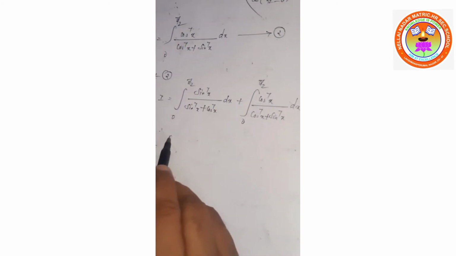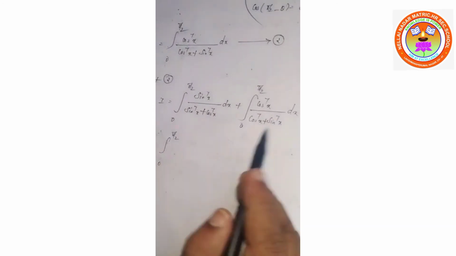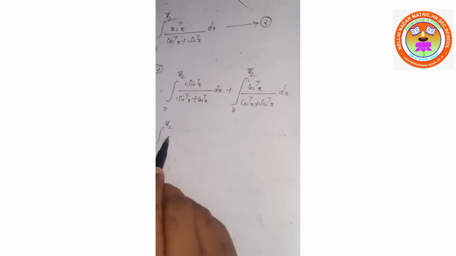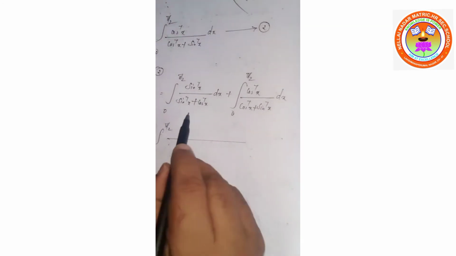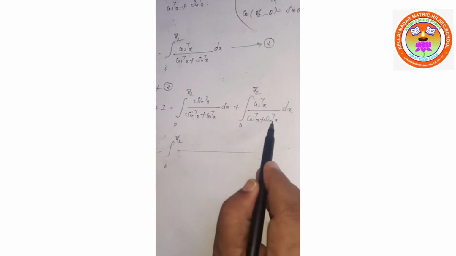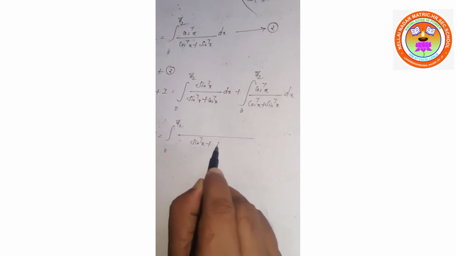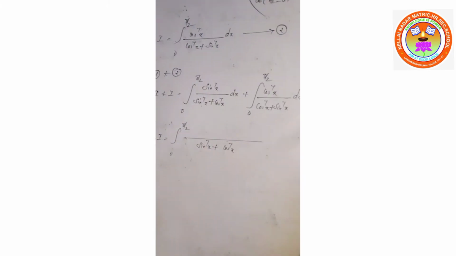So 0 to pi by 2, can add. While adding, take the common denominator, sin power 7x plus cos power 7x, here also sin power 7x plus cos power 7x. So you can write sin power 7x plus cos power 7x as the common denominator.